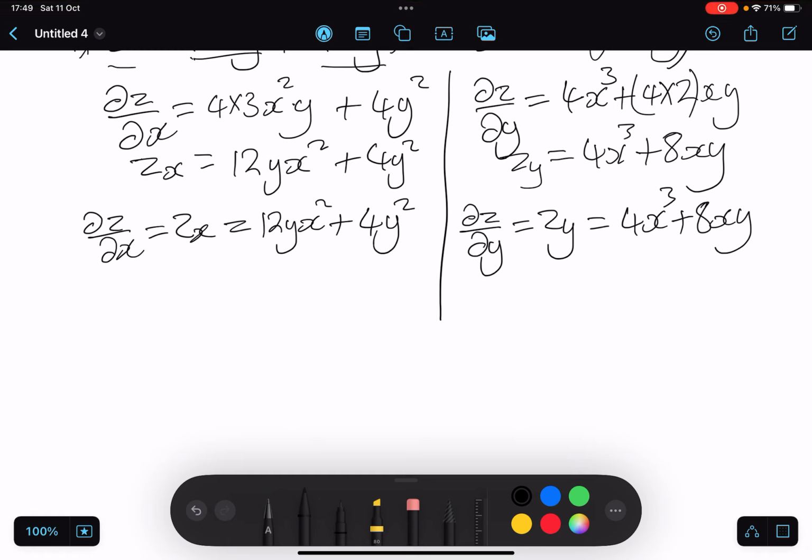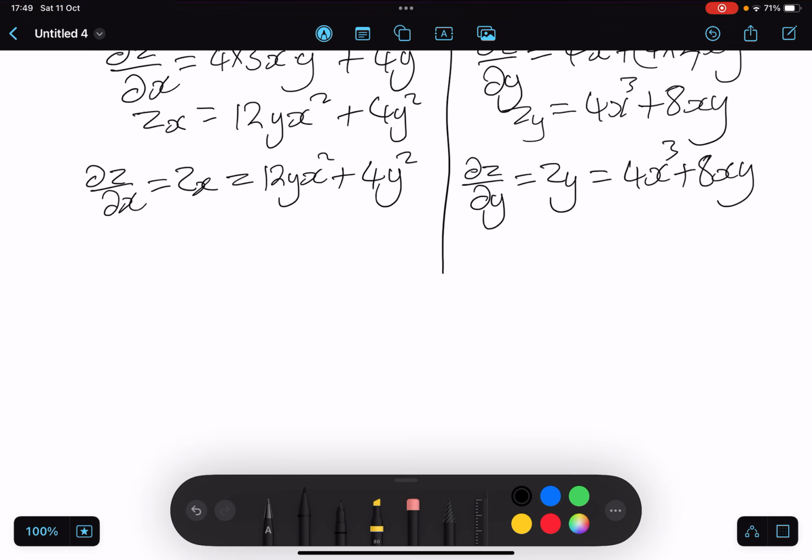Because we need to find zxx, zyy, zxy, and also zyx. So okay, starting with this one, differentiating this one again with respect to x and y. So let me differentiate dx of dz dx. So I'm differentiating this again with respect to x.